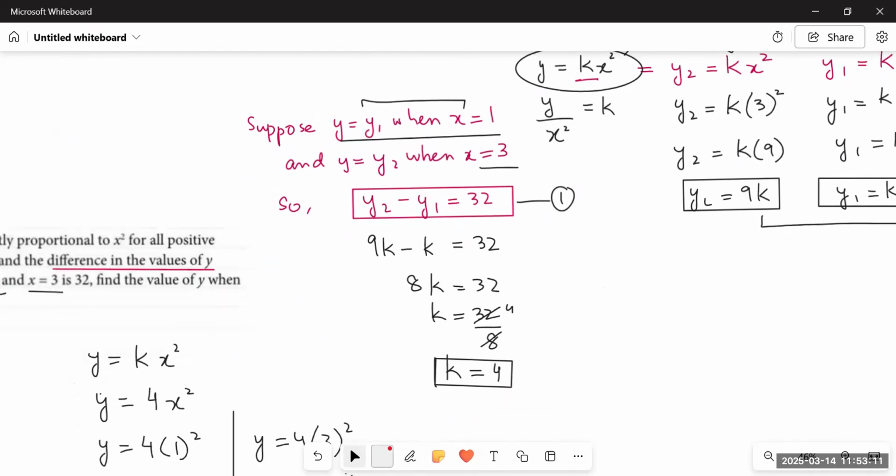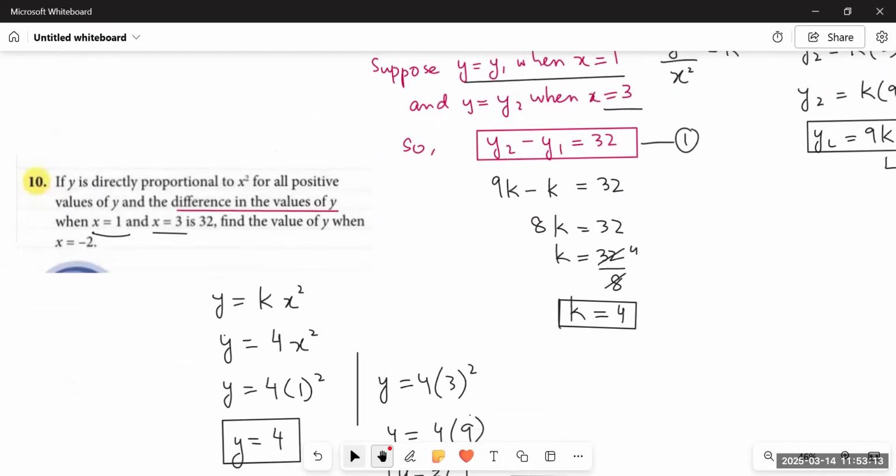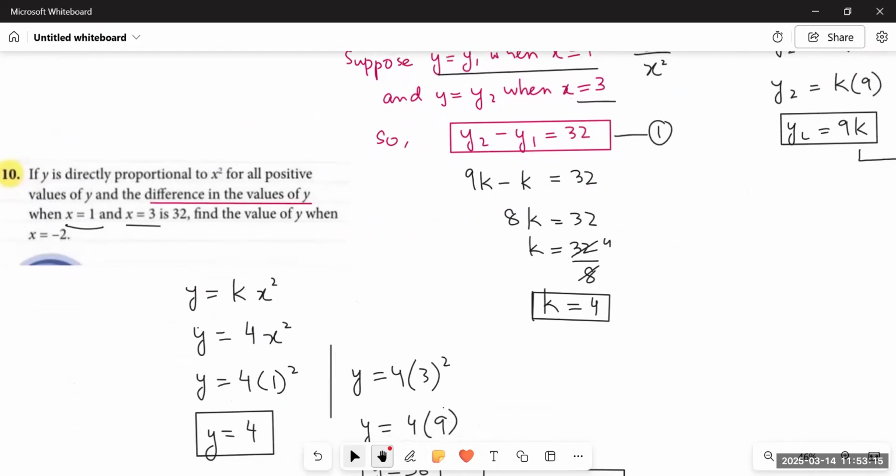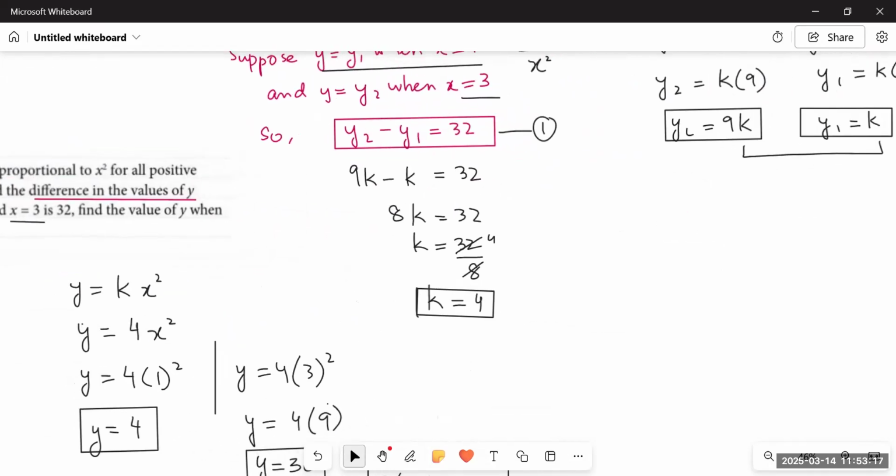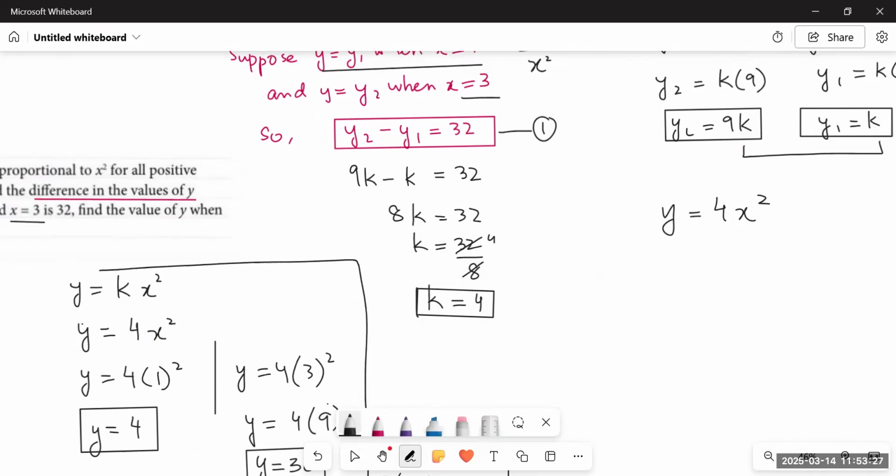Now, what's next? They're saying find the value of y when x is equals to -2. Again, we have to use this equation, which is y is equals to 4x squared. This part is for verification. This has nothing to do with the solution, students.